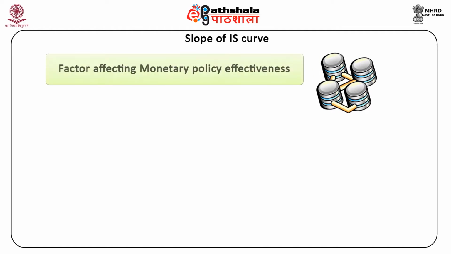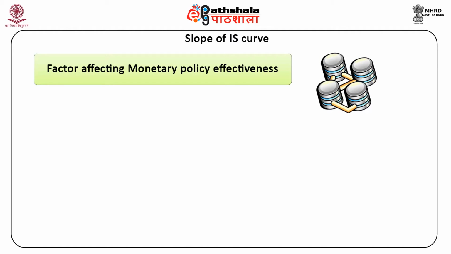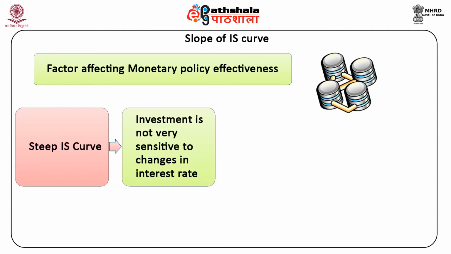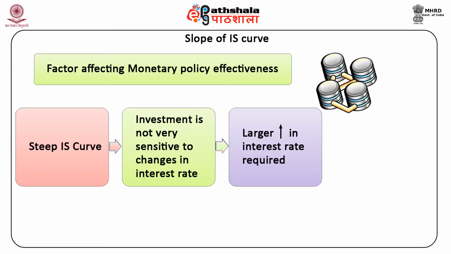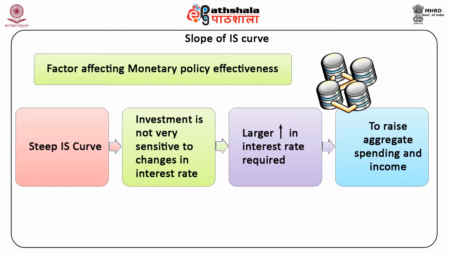Another important factor on which the effectiveness of a monetary policy in the ISLM model depends is the slope of IS curve. A steep IS implies that investment is not very sensitive to the changes in interest rate. So, a larger increase in interest rate is required in order to raise the aggregate spending and income in the economy.